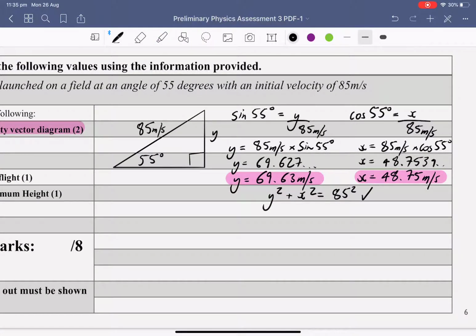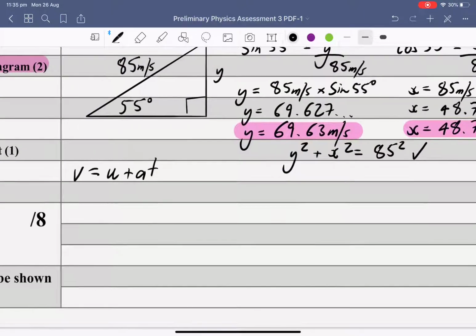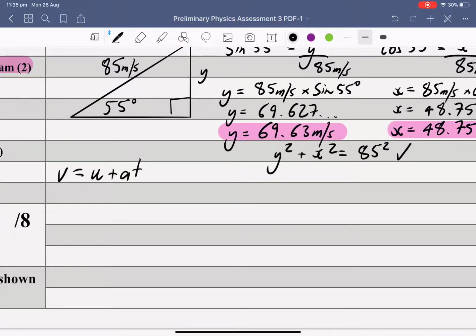To do that, we need to use our equations of motion that we talked about earlier. The equation we want to use is v equals u plus at. That's final velocity equals initial velocity plus acceleration multiplied by time. For this projectile, when it reaches the highest point in its parabola, its final velocity is going to be 0.